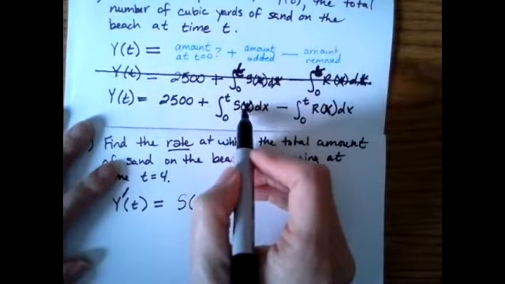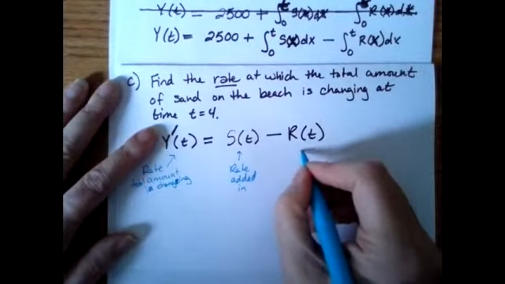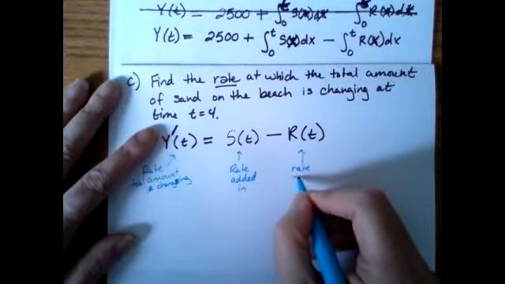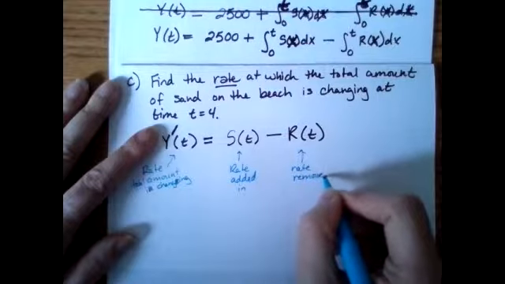Okay, so that should make some sense. Conceptually, here's what we're saying. This stands for the rate that the total amount of sand is changing. The rate the total amount is changing is equal to, remember, S of t is the rate that it was being added in, and R of t is the rate that it was being removed or taken out.